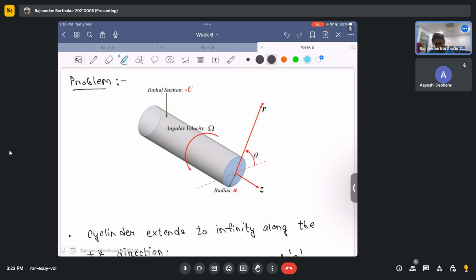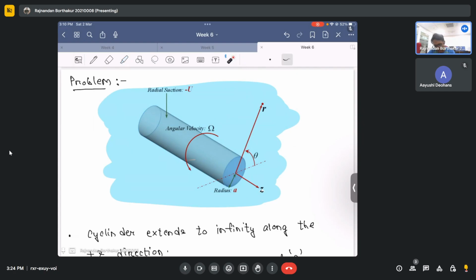So basically, the fluid domain would be just outside of this cylinder, maybe something like this. And because of this nature, there would also be some fluid which will basically go inside its surface.